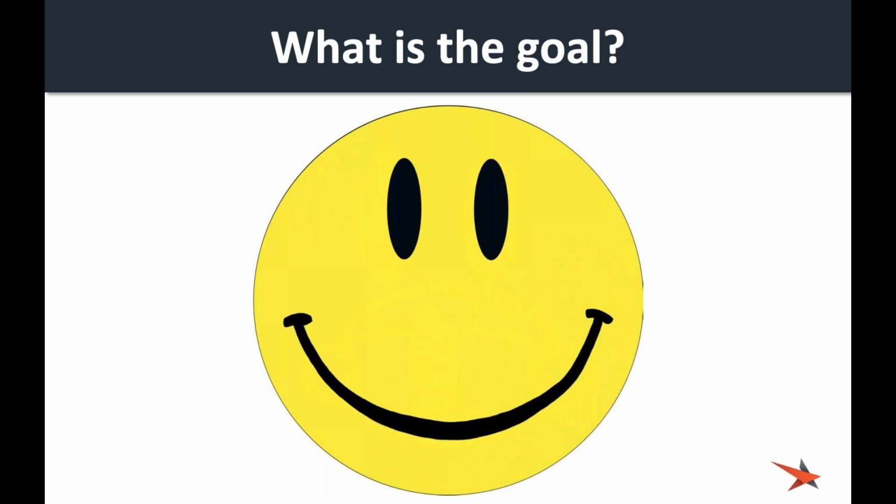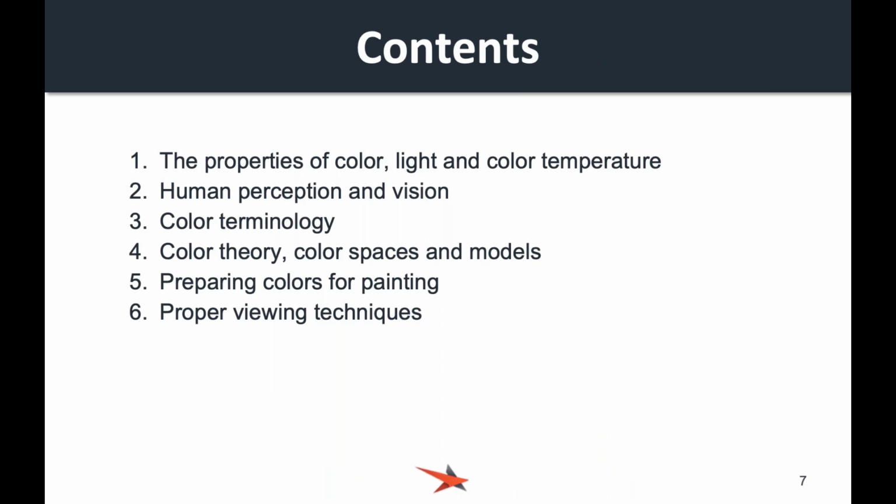All right, so let's look exactly how we're going to break this down. Here is a general rundown of the contents. We're going to cover 6 main topics. Now, before we begin, please understand that we're going to cover a lot of ground in a short time. So we can really only touch on the most basic aspects of a very complex subject.